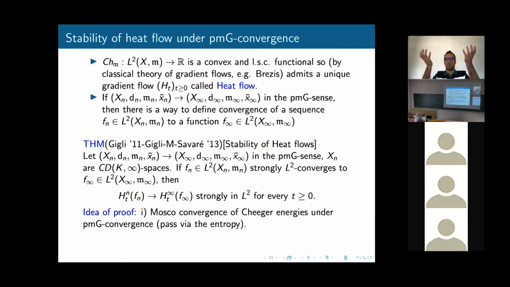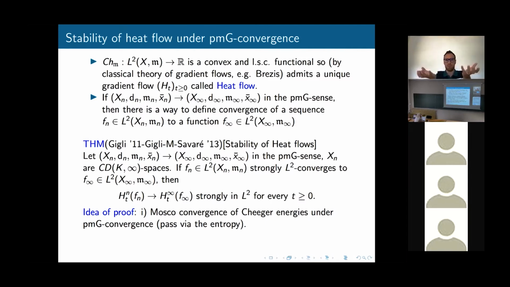So you have two equivalent formulations of the heat flow. One is gradient flow in L2 of the Cheeger energy, and the other one, which is equivalent, is gradient flow of the Shannon-Boltzmann entropy in P2.